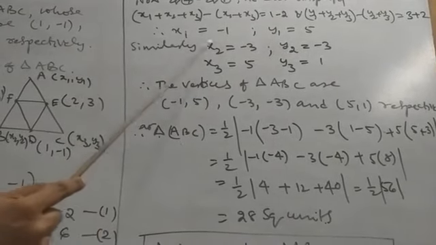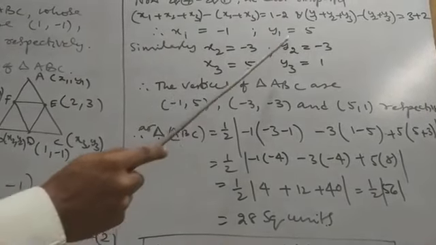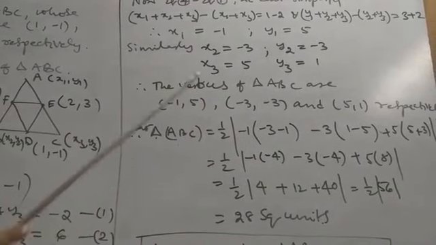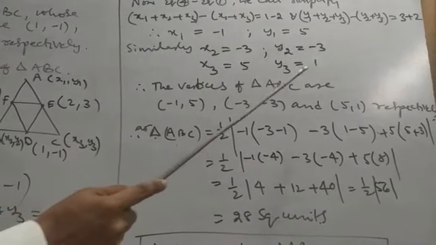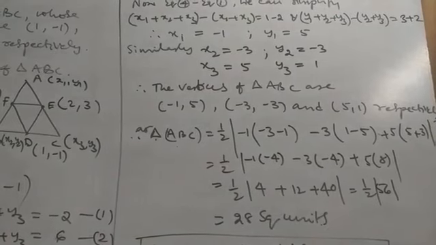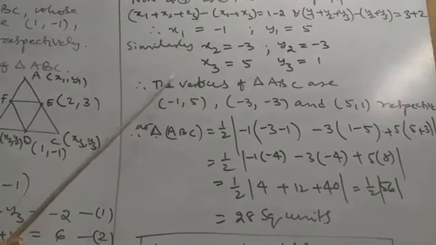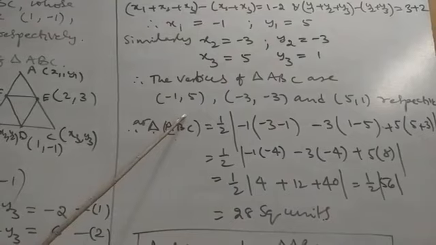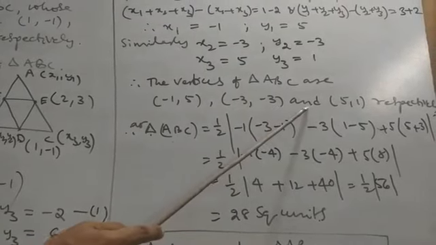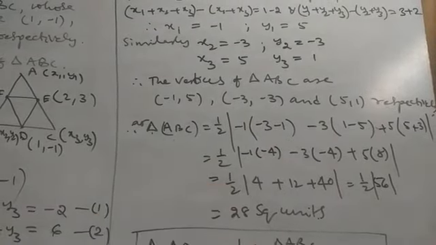Similarly, we can get x2 value equal to -3, y2 value equal to -3, x3 value equal to 5 and y3 value equal to 1. So now we got the vertices. Vertices of triangle ABC are (-1, 5), (-3, -3) and (5, 1) respectively.